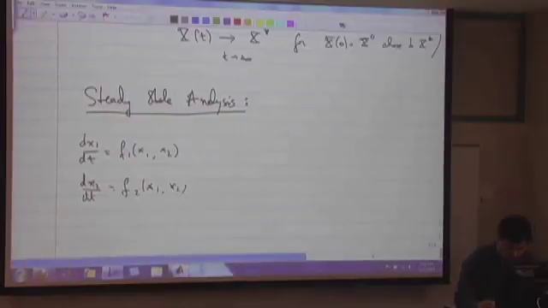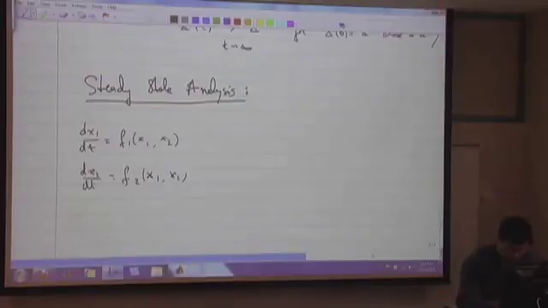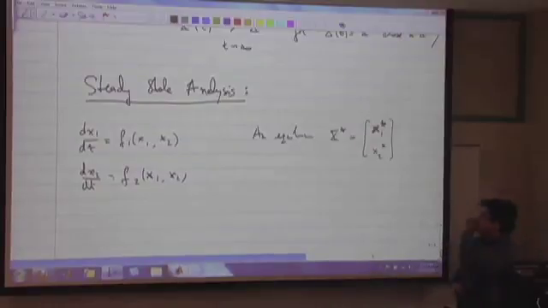If I have these two equations, then an equilibrium X star solves, so let's call it X. Notice that I'm using capital X to indicate it's a vector of coordinates x1, x2.